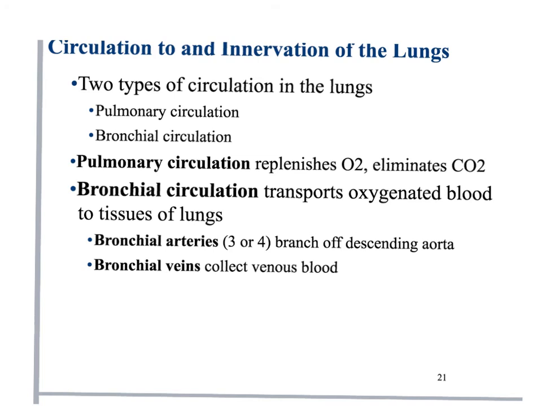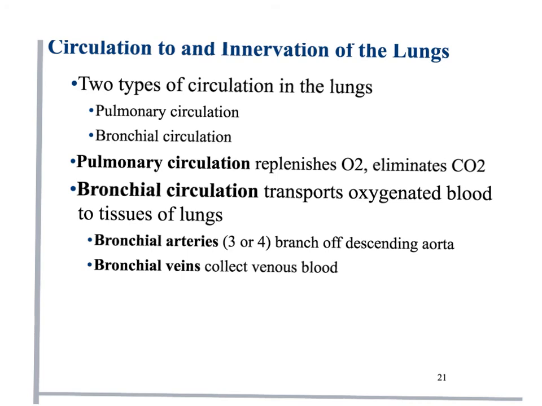The lungs are tissue too, right? And the bronchi that feed the lungs are tissues, and they have their own separate blood supply. Okay? So we have a pulmonary circulation where gas exchange occurs and blood becomes oxygenated. We also have a bronchial circulation where oxygenated blood is transported to the tissues of the lungs.